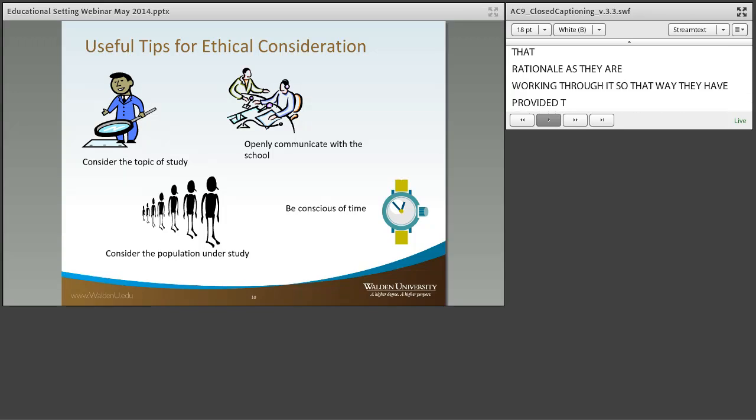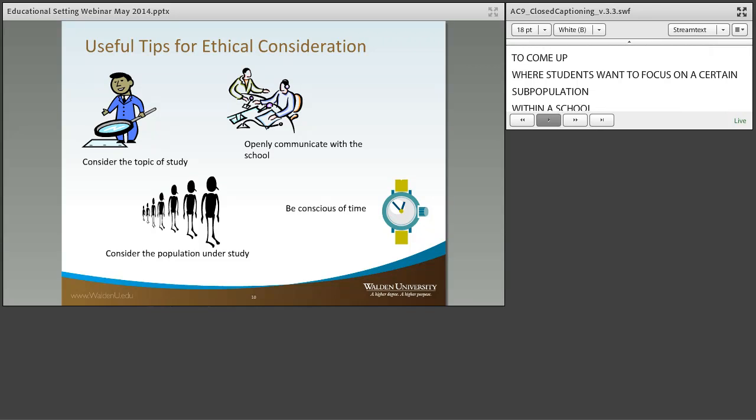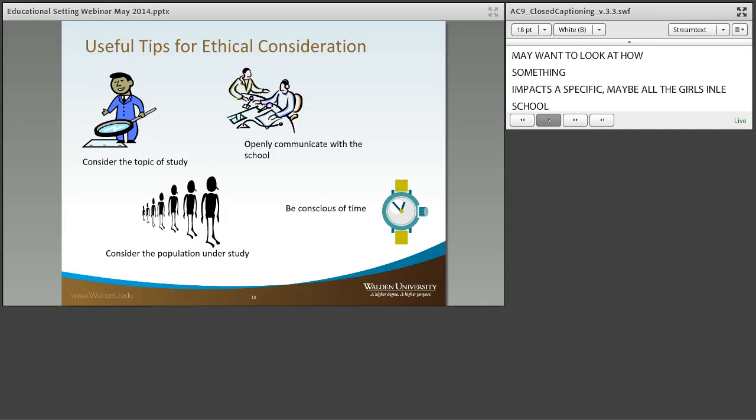We do also want to point out that it's not uncommon for studies to come up where students want to focus on a specific subpopulation within a school. They might want to look at how something impacts, maybe, all the girls in the school, or certain ethnicities, or whether students have a learning disorder.